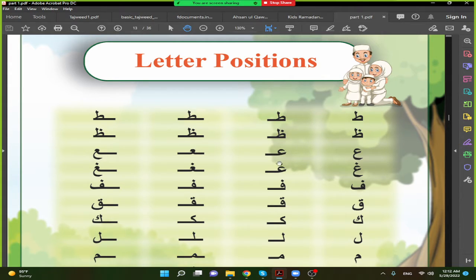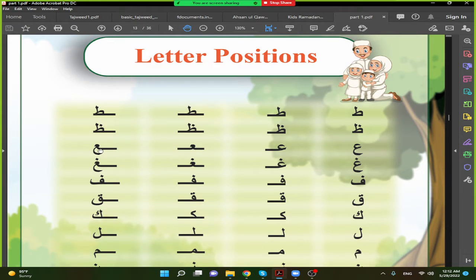When Ain comes at the beginning of the word, it looks like that. When Ain comes between the letters, in the middle, it looks like this. And when Ain comes at the end, see how it looks. So don't get confused in the writing when you see them in the Quran. This is Ain in the beginning, this is Ain in the middle, and this is Ain at the end of the word.